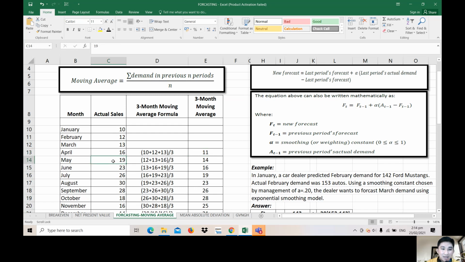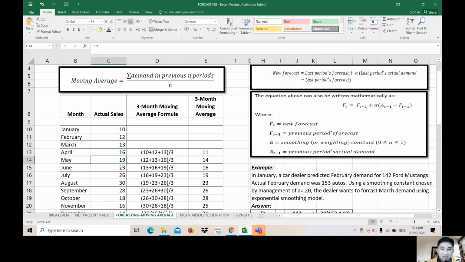Now, on the month of May, we will be using the first 3 months before the month of May, so we will be using the figures from February to April. That is why you see in the formula, 12 plus 13 plus 16 divided by 3, our forecast is 14 units. But then again, our forecast is smaller than the actual sales.